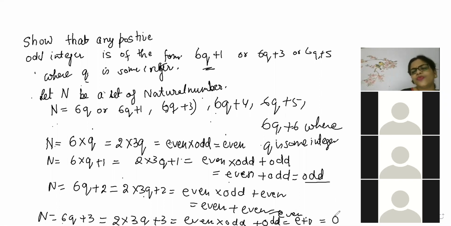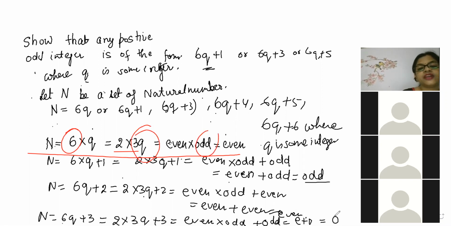Do you need to prove it further? I'm changing the color and showing, when we started with the even number, 6 into q, 6 can be written as 2 into 3. Now 3q is the odd part and 2 is the even part. When these multiply, an even number results.